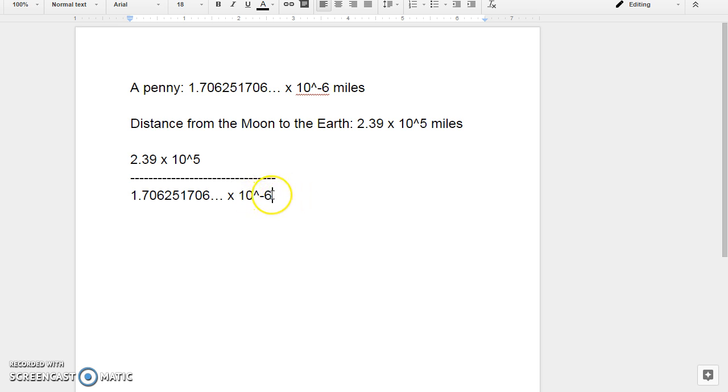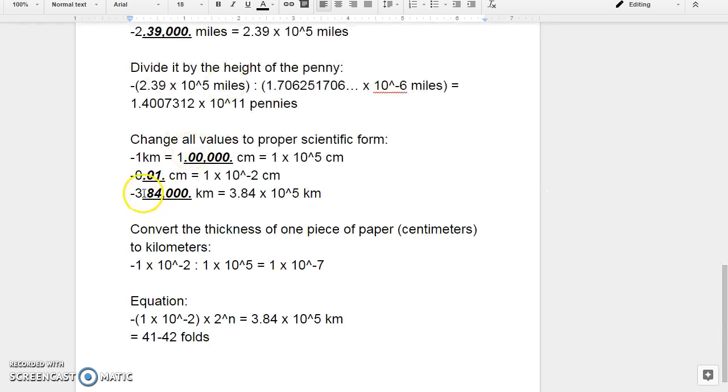And yes, we keep the base of 10 the same, and we bring the -6 up and change the sign to +6. 5 plus 6 is equal to 11. And 2.39 divided by this is equal to 1.4.